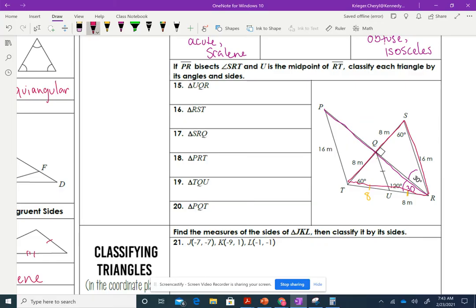Okay, so if we have three angles that are the same, we have three sides that are the same. But you can actually see that each of the side lengths is 16, because we have that U is the midpoint of RT. And then the other side says 8 and 8. And one side says 16. Okay, so this is equiangular and equilateral.